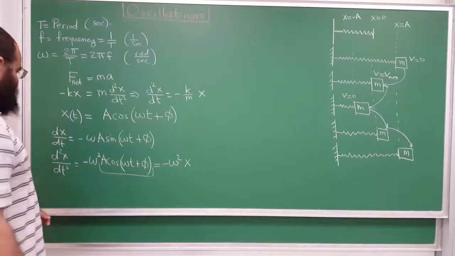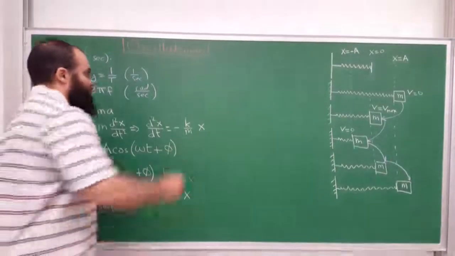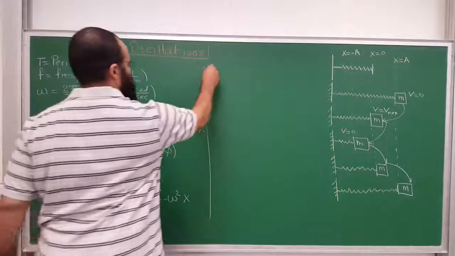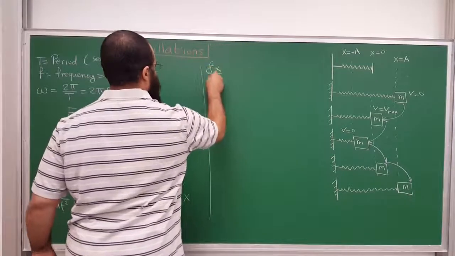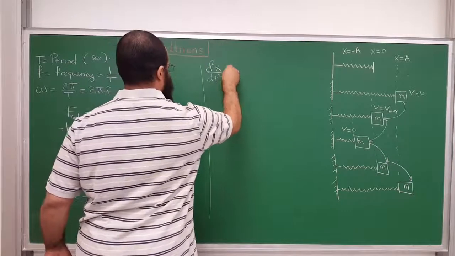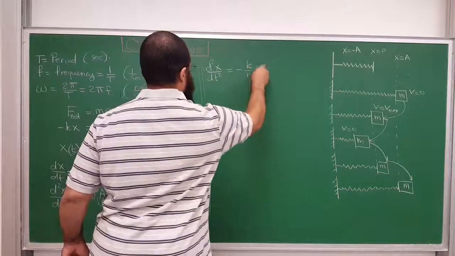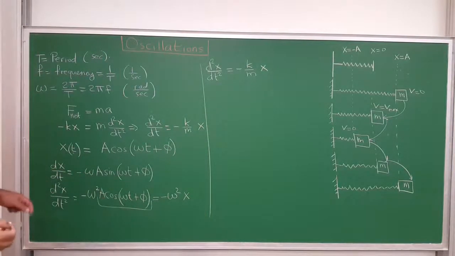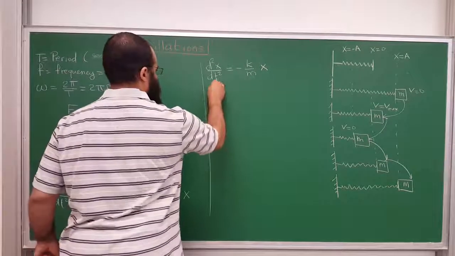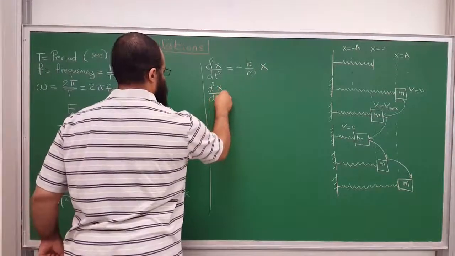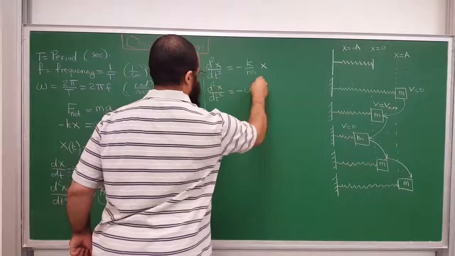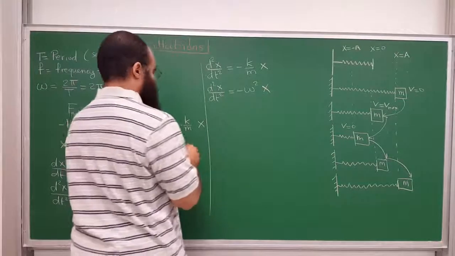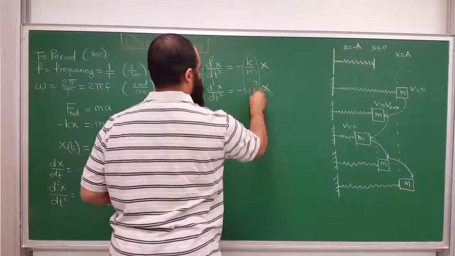So let's write these under each other. The second derivative is equal to this, and the function whose second derivative gives us that. Let's compare them; it means these are equal to each other.